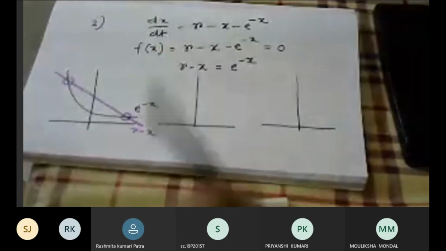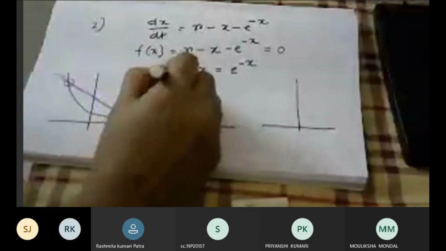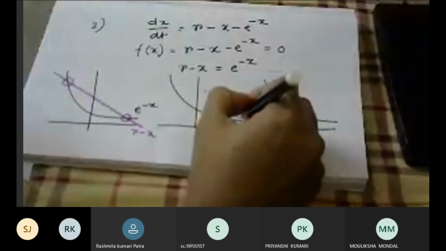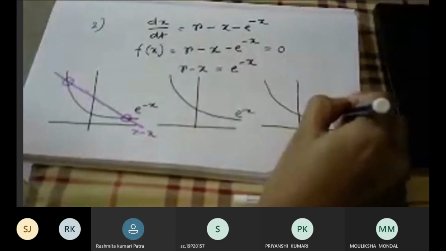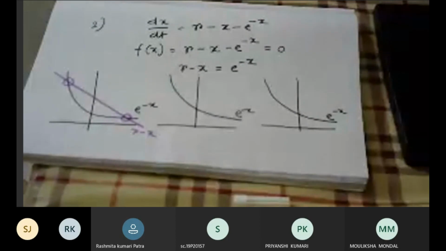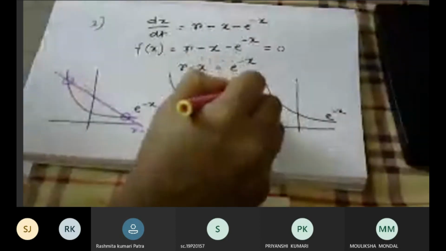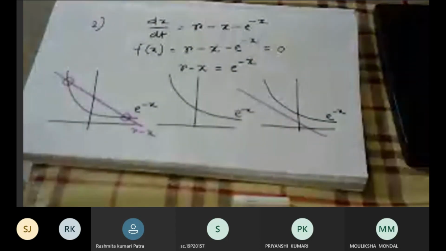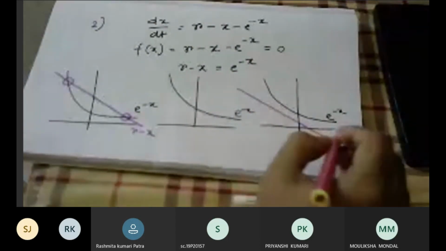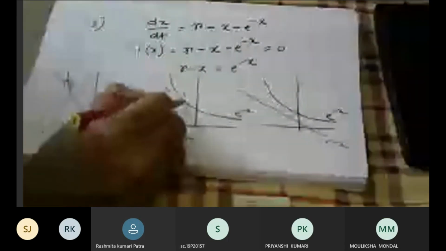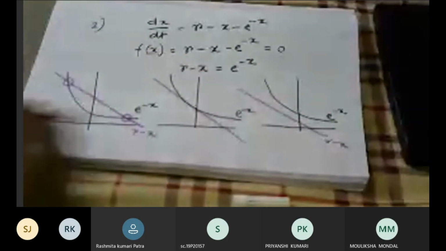E to the power minus x has no parameter there, so we have separated out that part, and that part will remain the same. But r minus x can change depending on the value of r. It can be like this, or it can be just like this without even intersecting e to the power minus x, or it can be tangential like this.